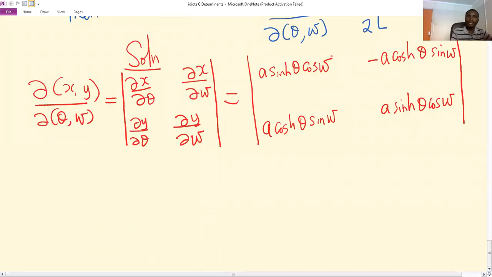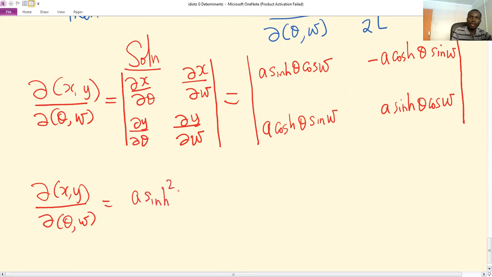Now these are 2 by 2 determinants, so the Jacobian of x, y with respect to theta, omega will be a squared times hyperbolic sine squared theta and then normal cosine squared omega, minus negative, so plus, hyperbolic cosine squared theta sine squared omega. That's what you get.